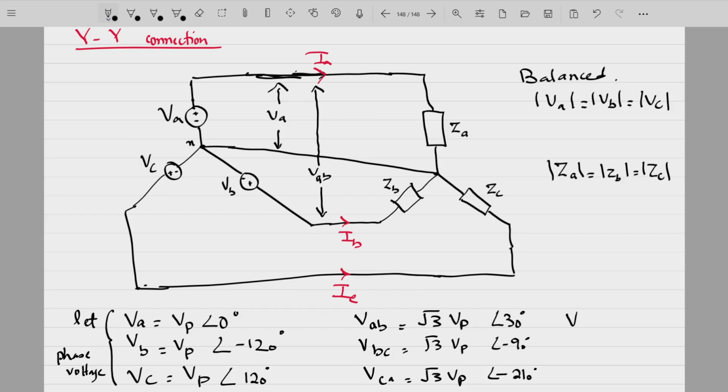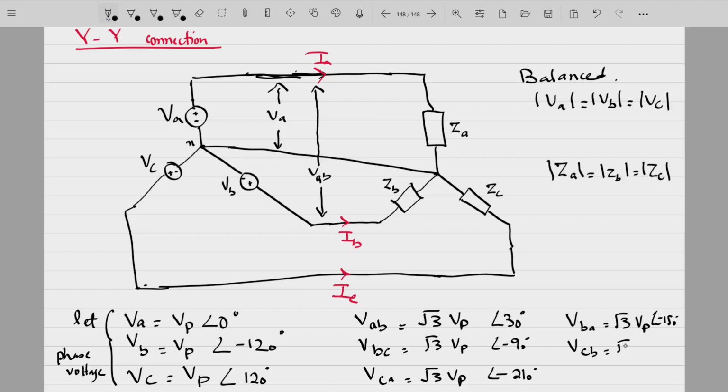This will be VAB. VBA can therefore simply be minus VAB, that is root 3 VP angle 30 minus 180, that is minus 150 degrees.